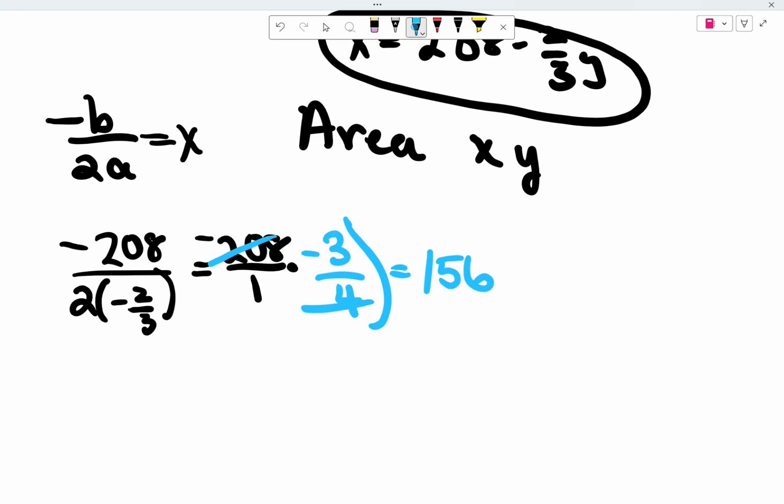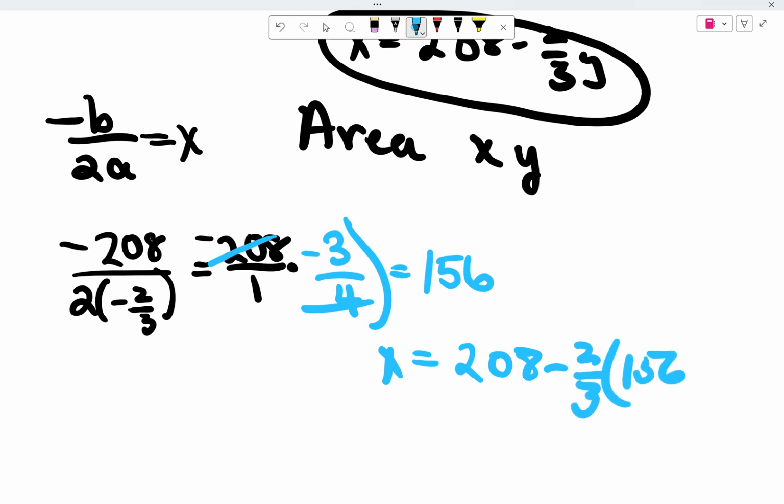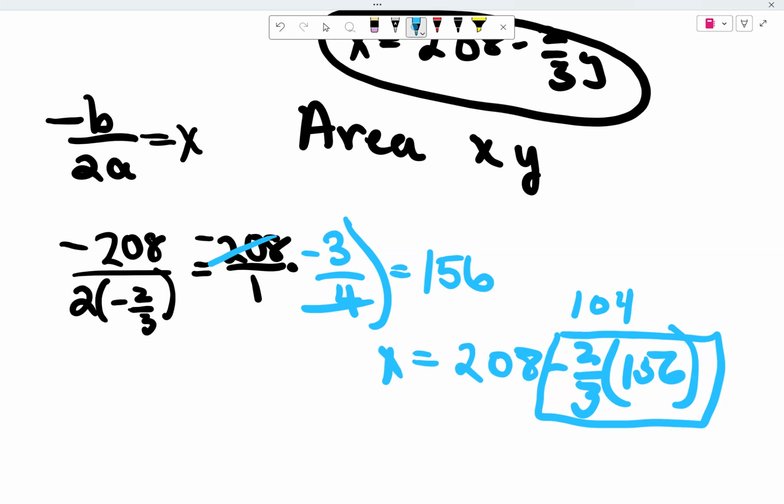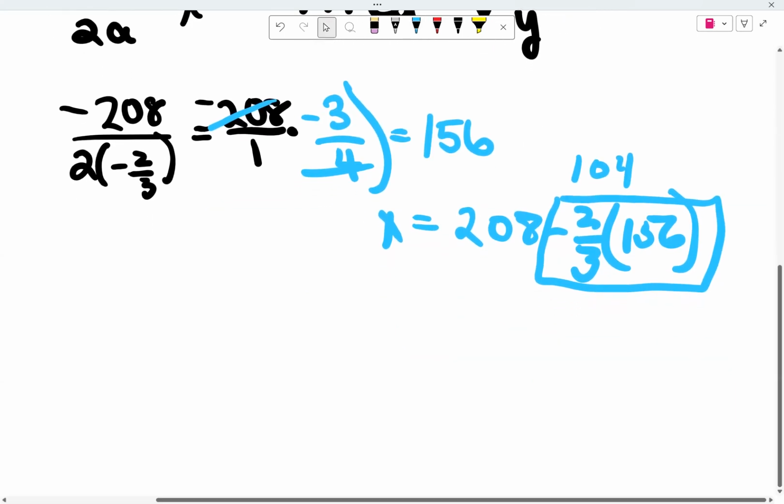So if I now take that value and go into my formula where X equals 208 minus 2/3 times 156, all of this value is 104. So my X value is actually 104.